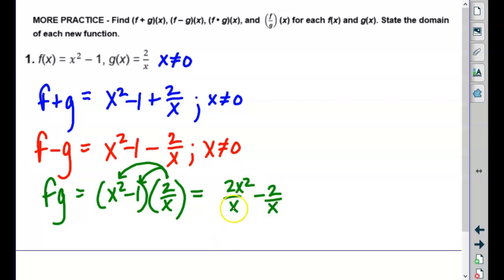What could this one become if you wanted it to? You could, yeah, just have 2x minus 2 over x, and still x cannot equal 0 because there's an x in the denominator.